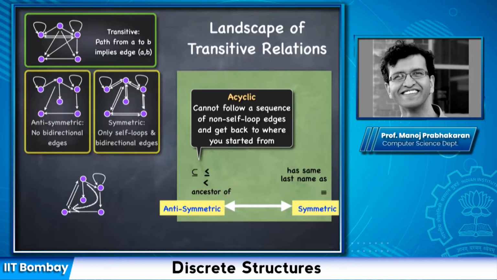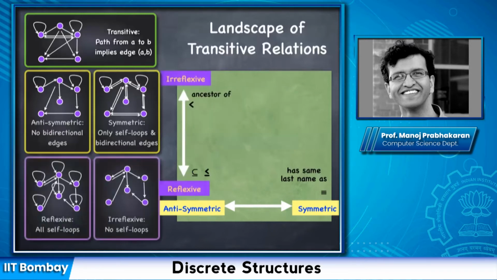That gives you a bidirectional edge, and that contradicts the starting assumption that it is an antisymmetric relation. So an antisymmetric transitive relation cannot have cycles. All right, so that's something useful to remember.